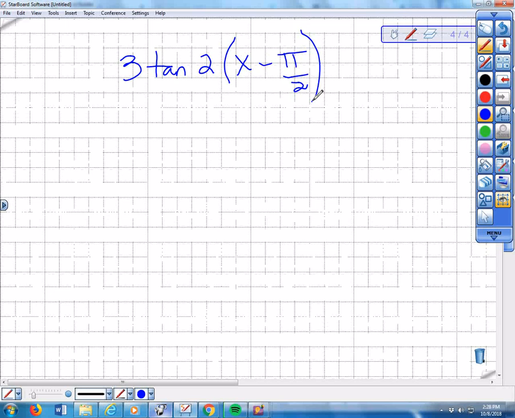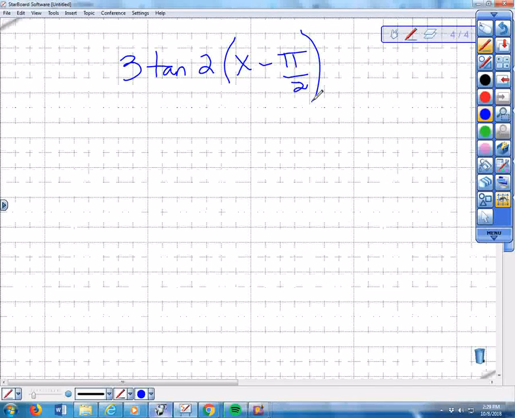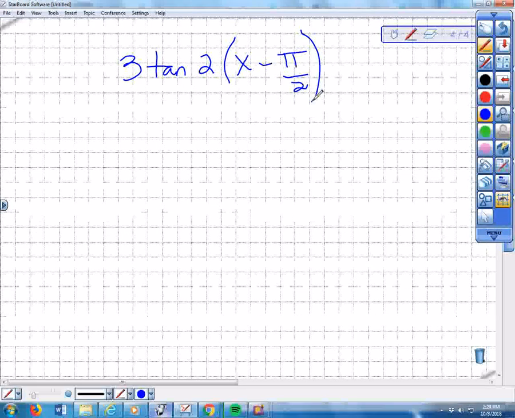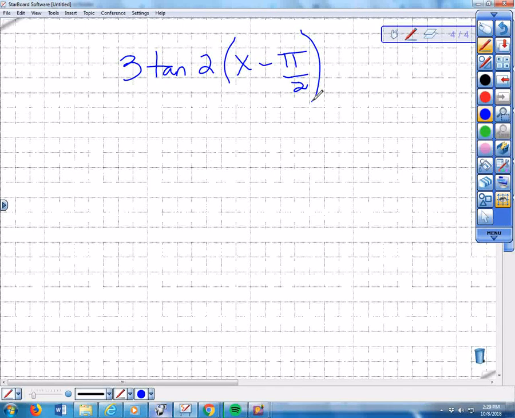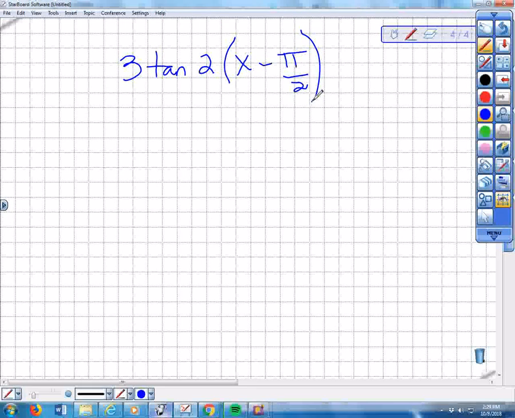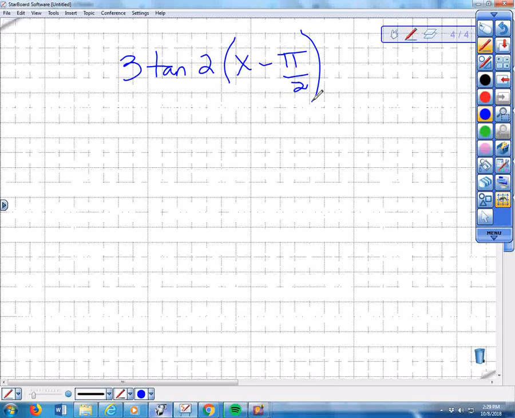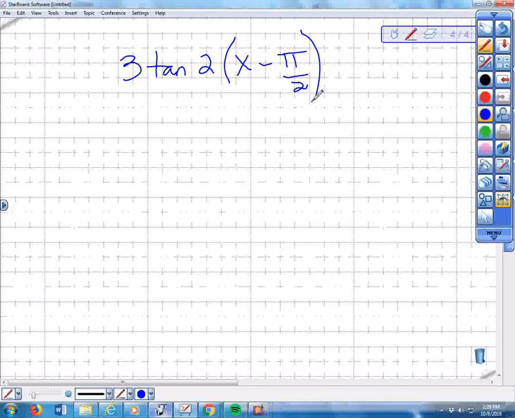What's the coefficient of x? 2. Because it's back here. If I put this back in, it's tangent of 2x minus pi, right? So 2 is in front of the x, so I take pi over 2, because pi is the period of tangent. So the period of this is pi over 2.